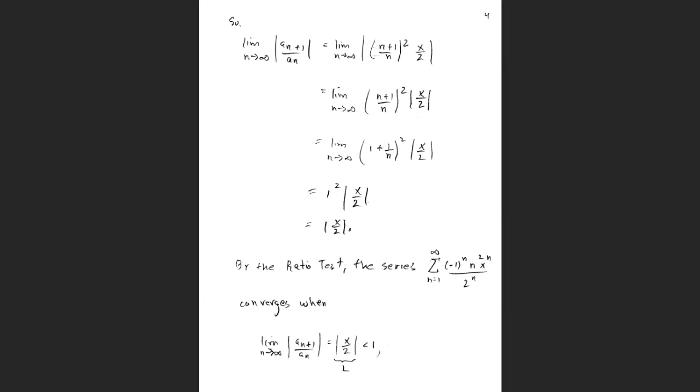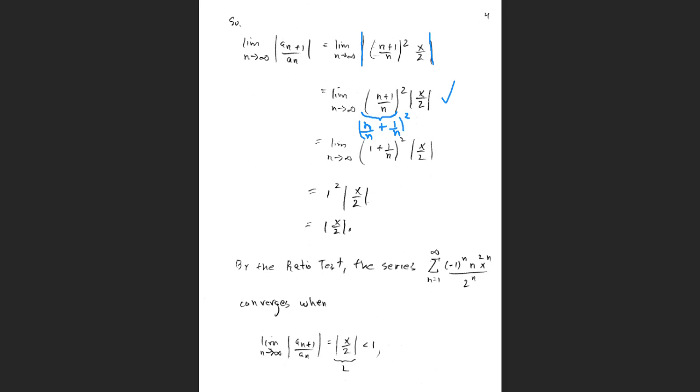So I put in an extra step here. But we get to here, right? And n plus 1 over n, remember, is like n over n plus 1 over n squared.